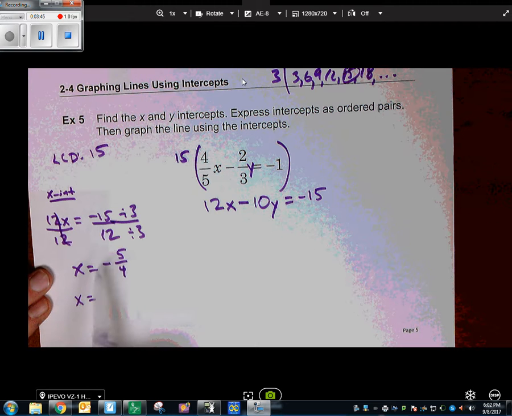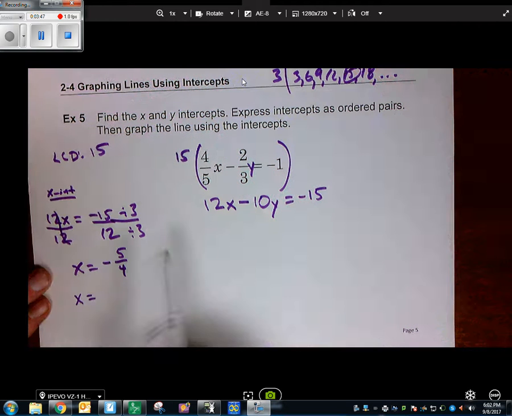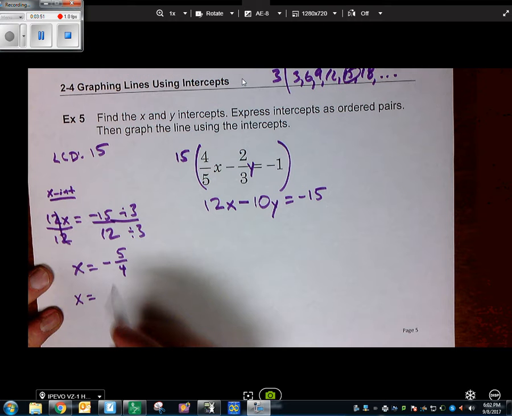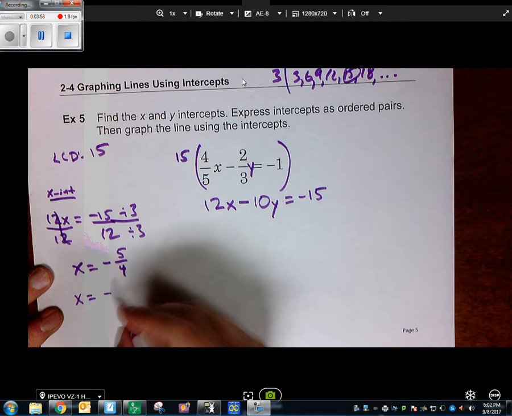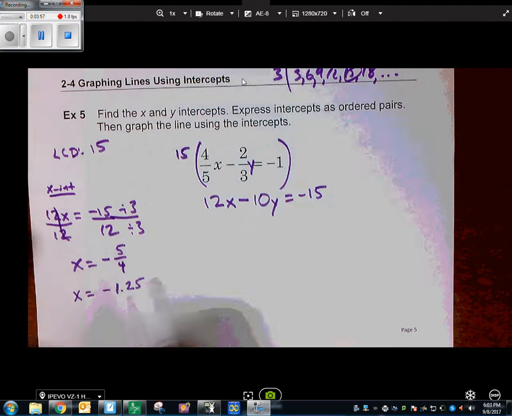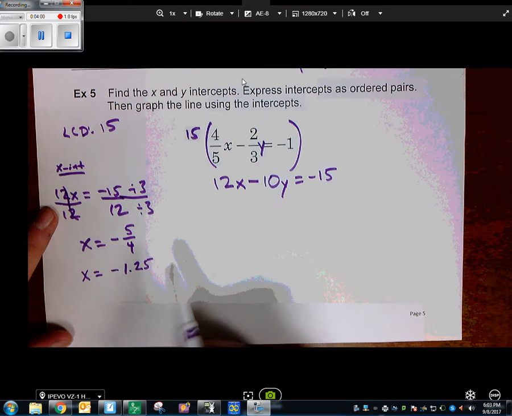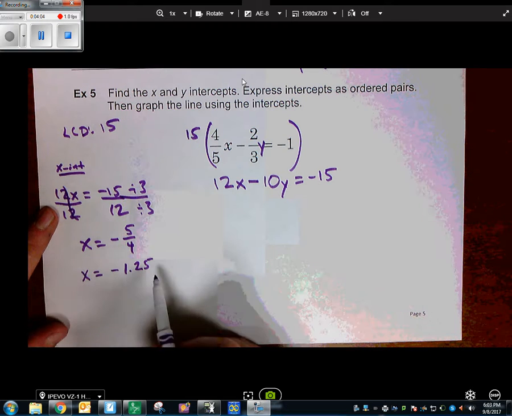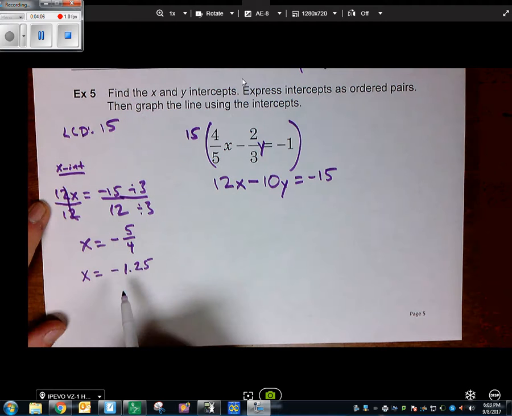This is a point, not a slope. Slope is a rate of change. This is a single point in the coordinate plane. That might sound inconsequential, but it's very, very important to understand that this is not a slope. It's a point. Okay, now specifically, negative 5 over 4 as a decimal is negative 1.25.